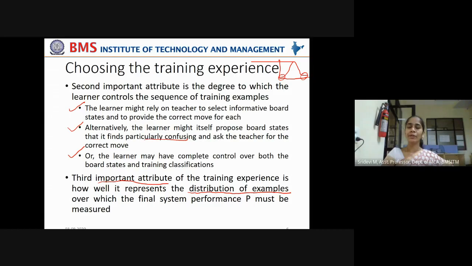What I'm trying to tell is, you trained a particular learner with some set of examples, right? Now you are trying to test whether it is performing the same way with some test examples. Now, if both are of equal distribution, what will happen? It will certainly perform well with the test examples also. That is quite obvious, right?